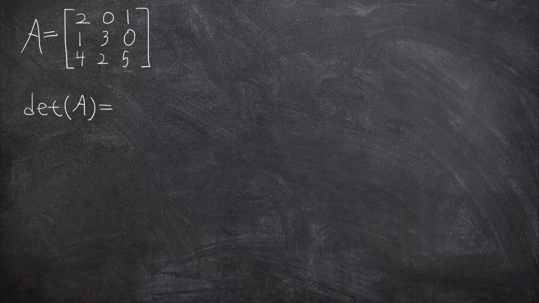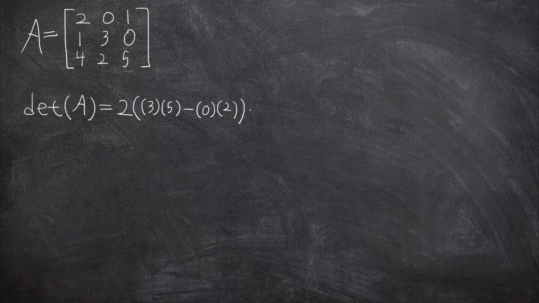So first off, we write out 2, and then for the inside of our parentheses, we want to focus on the numbers that aren't crossed. So 3, 0, 2, and 5. Doing so, it will be 3 times 5 minus 0 times 2.